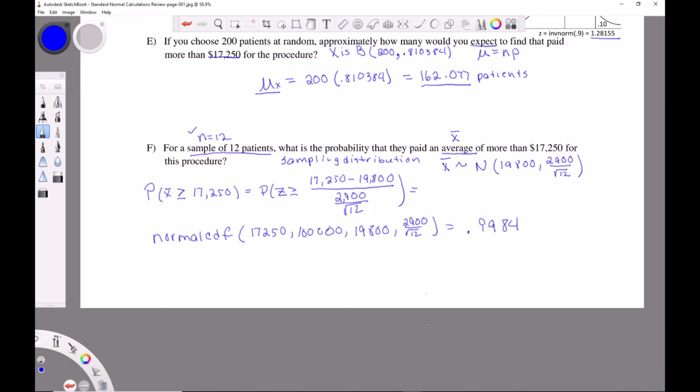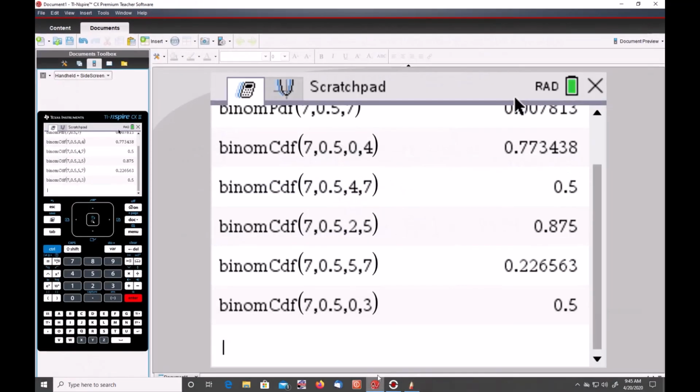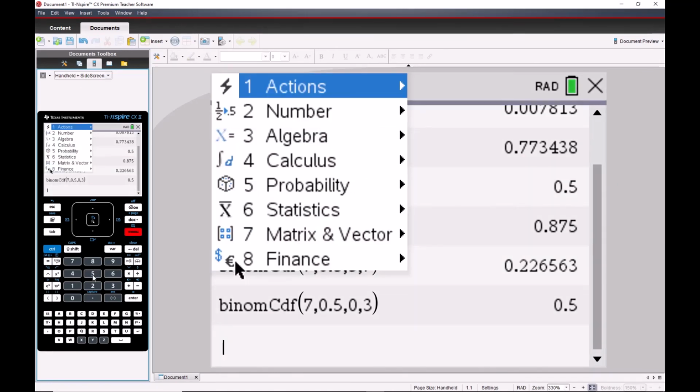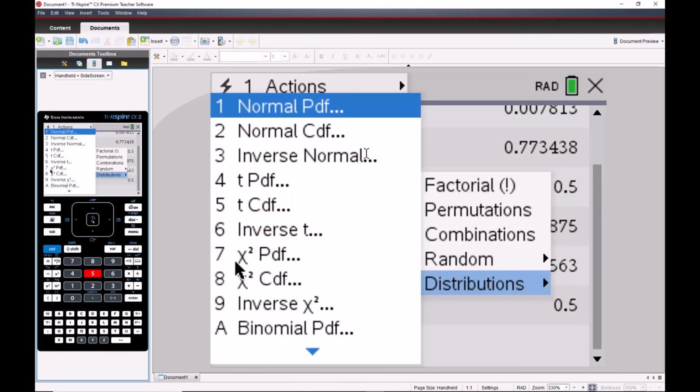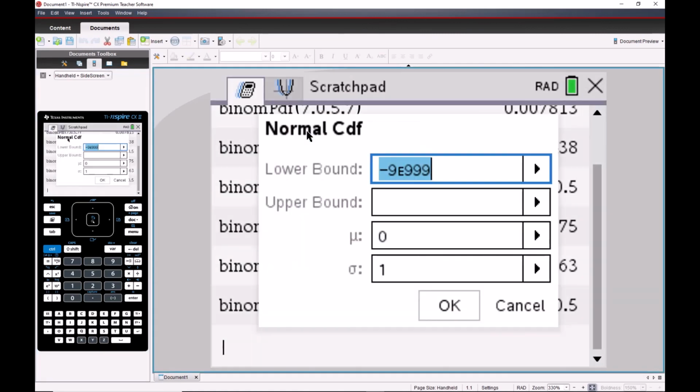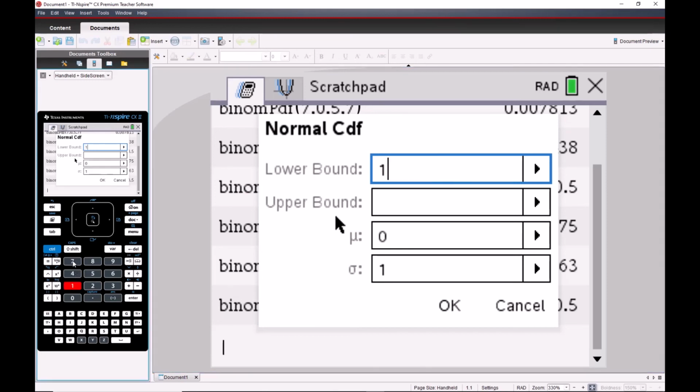All right, so going back to your calculator, let's go ahead and do this. So this will be menu 5, 5. And here's your inverse normal, and here is your normal CDF right here. All right, so the lower bound here is actually 17,250, so we need to delete that. And the upper bound was limitless, so you can just put 100,000, some real big number.